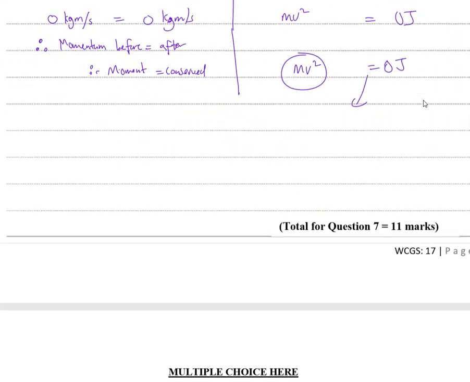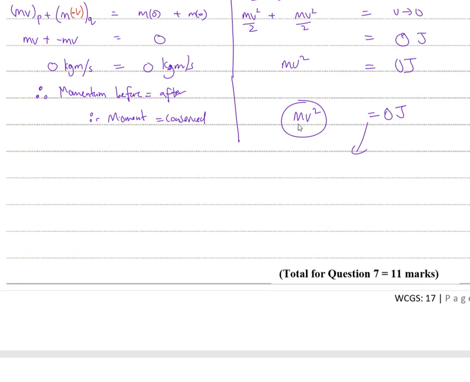Now the question is, how is this conserved? If we've got this much at the start and 0 at the end, then where is the loss?